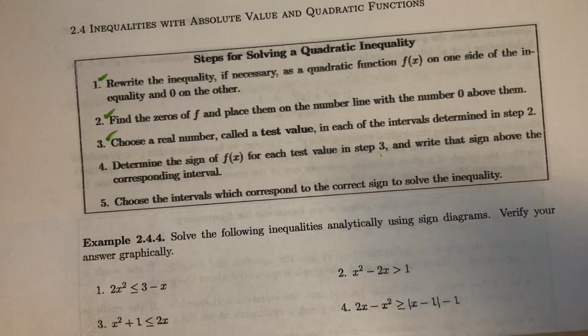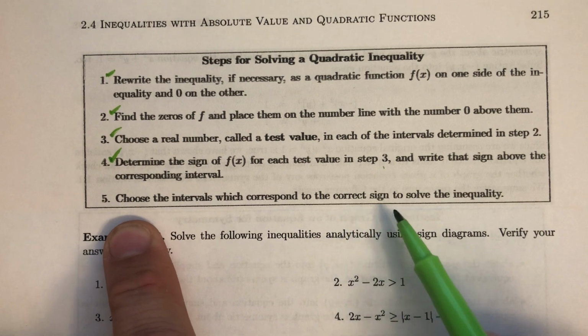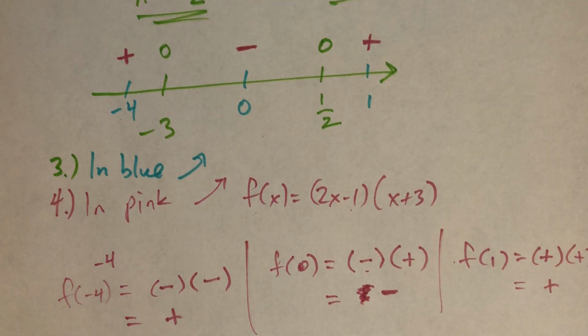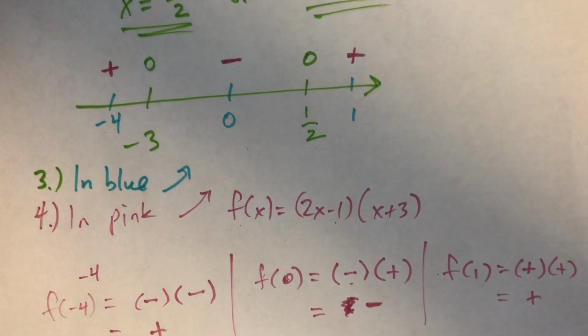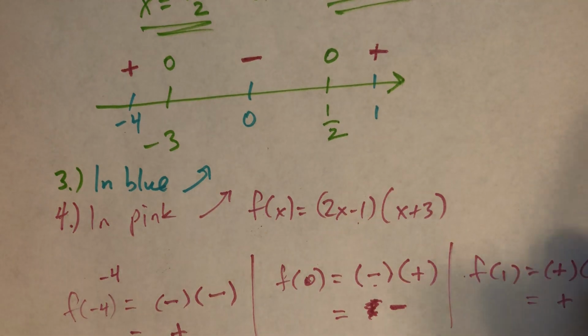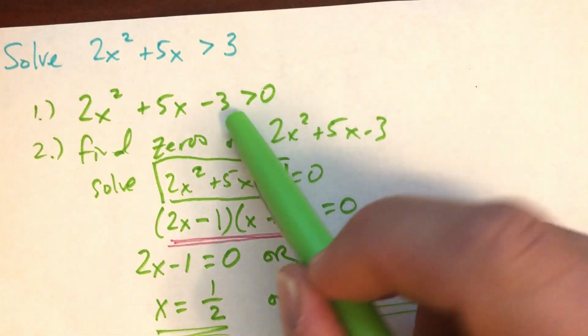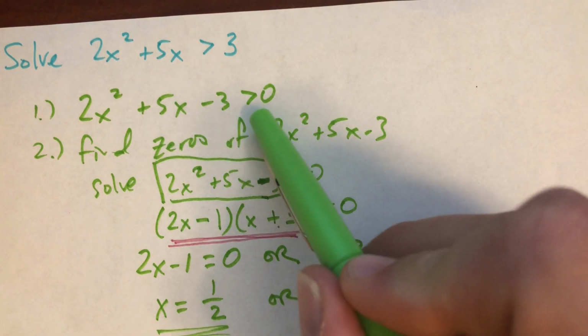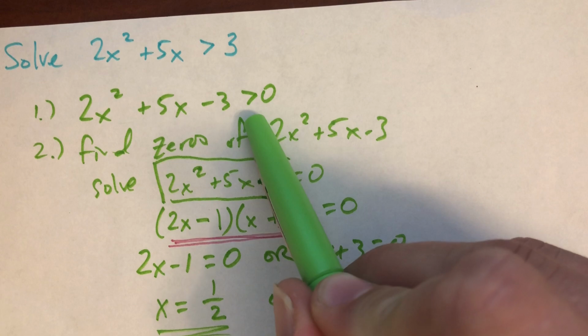Now let's take a look. Step 4 is done. Choose the intervals which correspond to the correct sign to solve the inequality. So we should go back and look at our original inequality. Well, maybe not the original inequality, but what we had after step 1. So after step 1, we have that we wanted our polynomial to be bigger than 0. So that's not equal to 0, that's just strictly bigger.